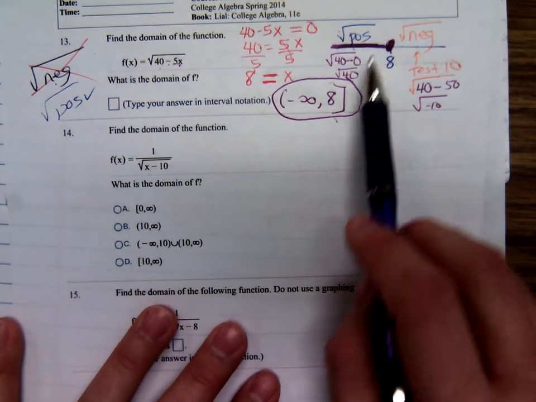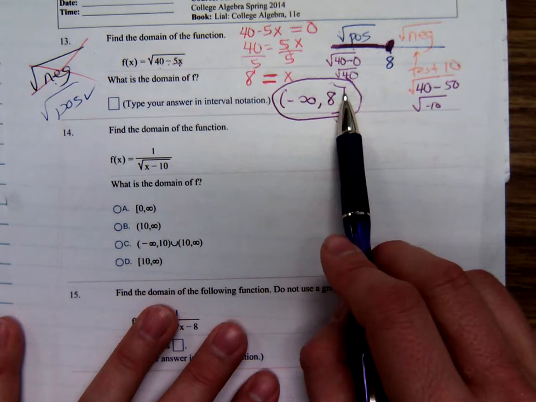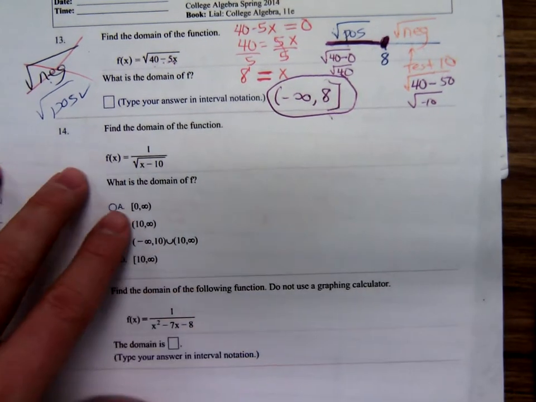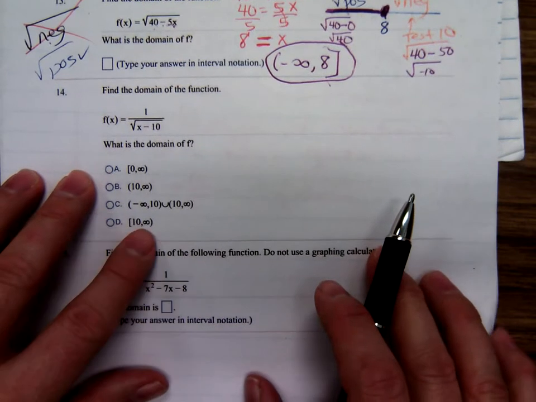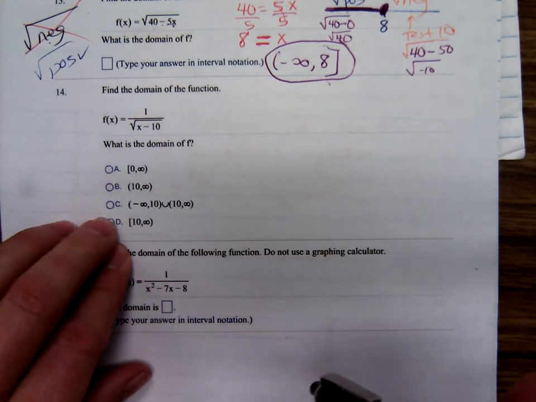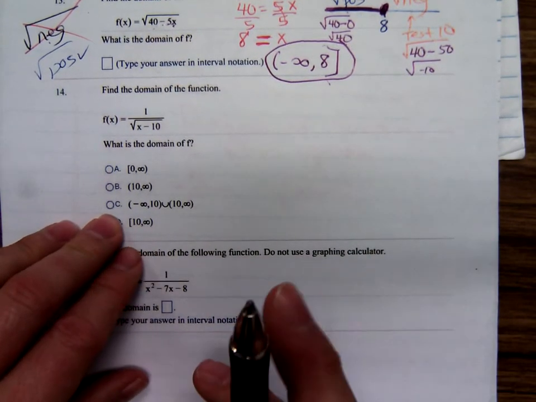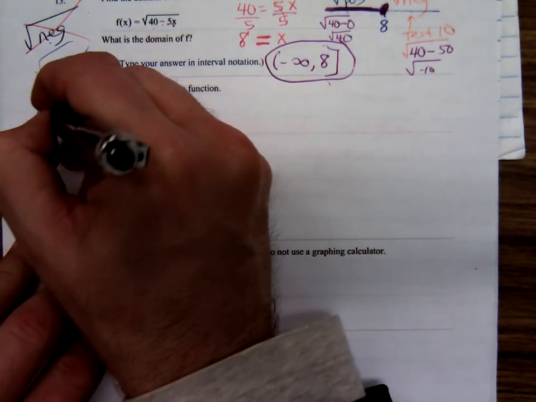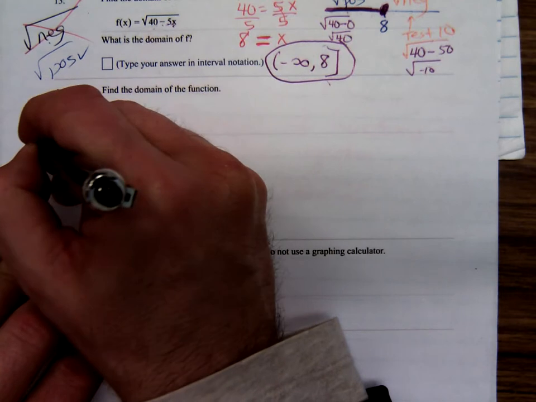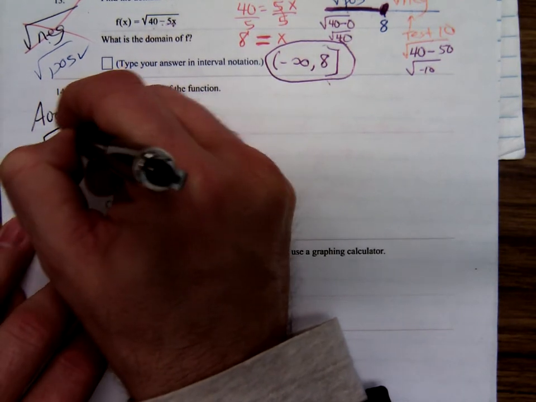Like over here on number 14, this is the most involved. It has 2 things happening. It has a fraction and a square root. There are 2 things we want to avoid. We don't want a negative under that square root symbol. We also don't want a 0 on the bottom.